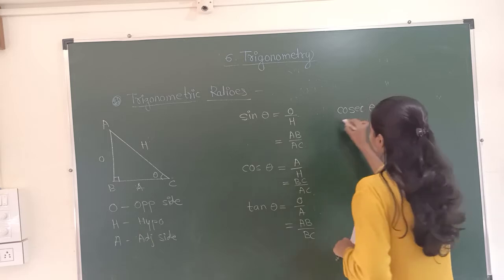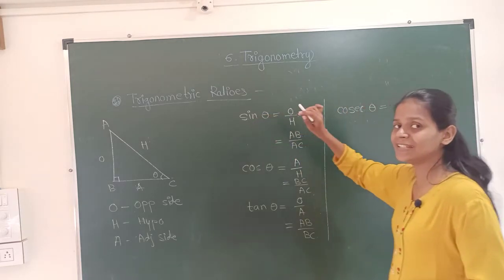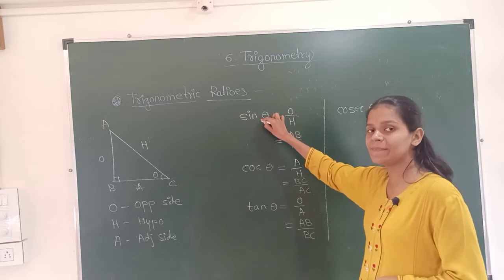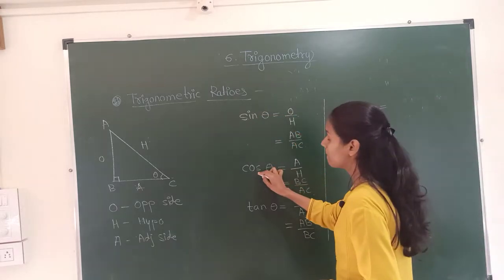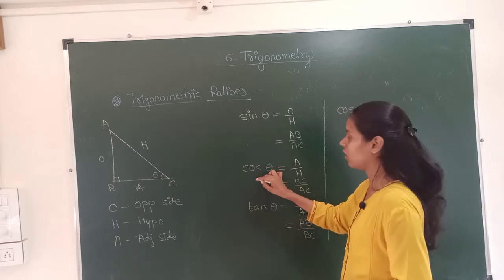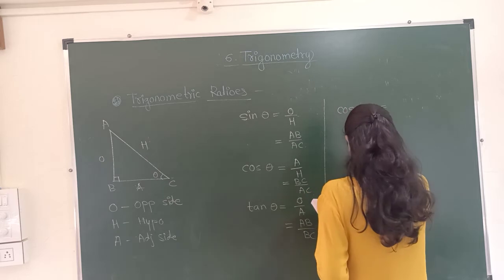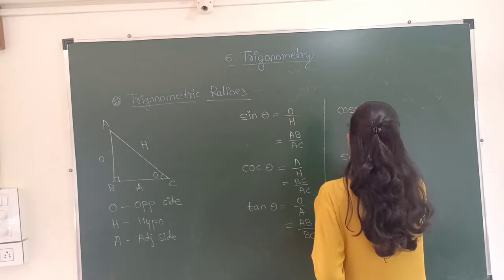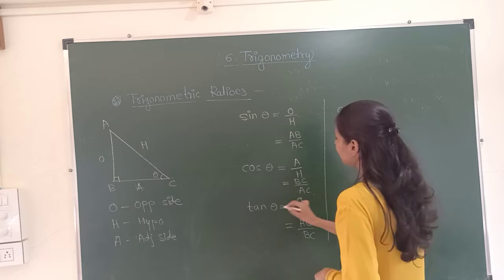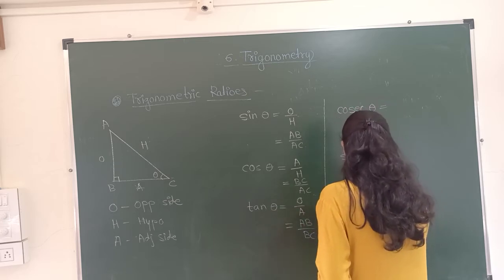Okay, see what we are saying, the reciprocal or the multiplicative inverse of sine theta is cosec theta. The multiplicative inverse of cos theta is sec theta, and the multiplicative inverse of tan theta is cot theta.